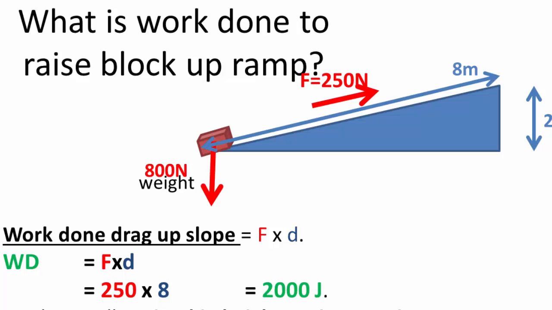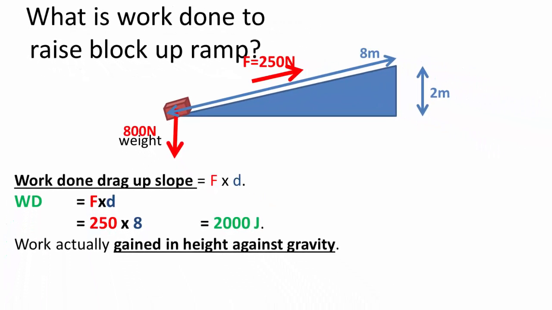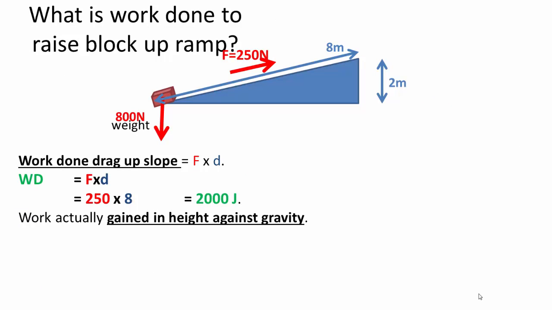However, what is actually the gain in the height? That's basically done by looking at how much height it gains against gravity. And to do this, we basically find out what is the work done to lift it up by 2 meters. So the work done is force times distance. The force is 800 newtons because that's the force that works against gravity. And the height lifted against gravity is 2 meters.